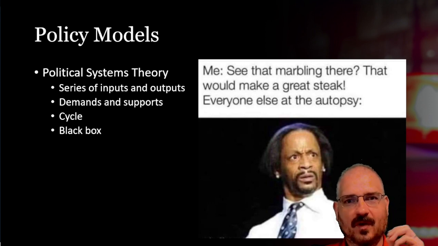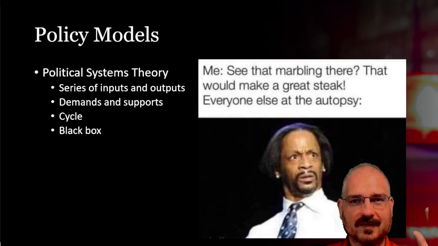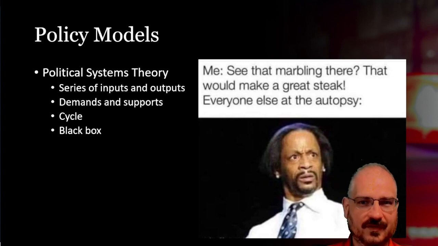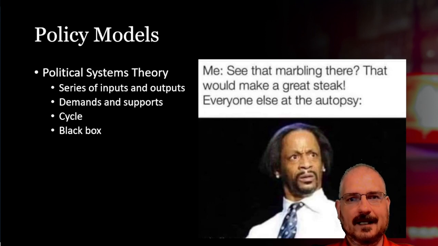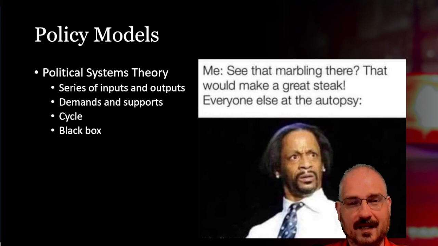On the input side, you have the demands, you have the policy advocacy, you have people coming to the government with, hey, this is a problem, crime is a problem, or homelessness is a problem, or whatever. And then inside the black box, some policy is decided upon, and then there's a series of outputs. There's laws and regulations and policies that come out the other end.